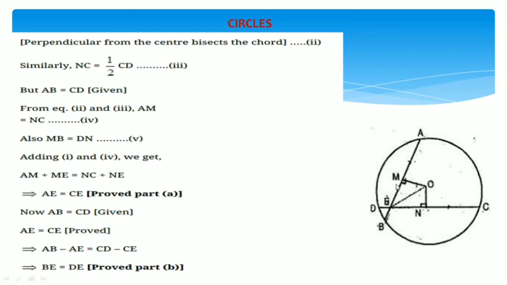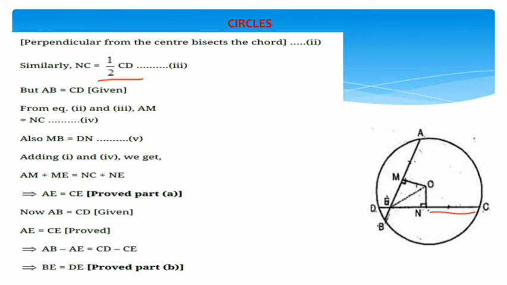Similarly, ON is perpendicular to DC, so it will bisect DC, meaning N will be the midpoint. So we can say NC will be half of CD.